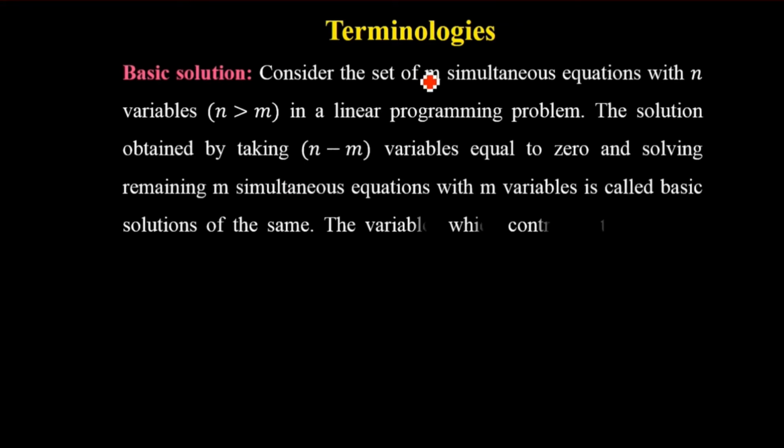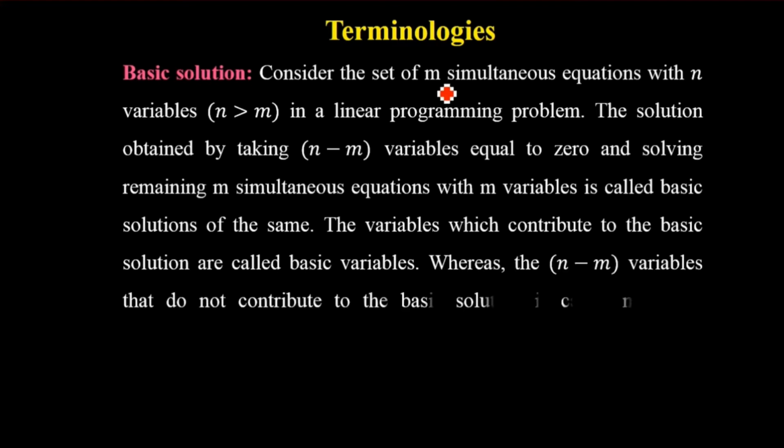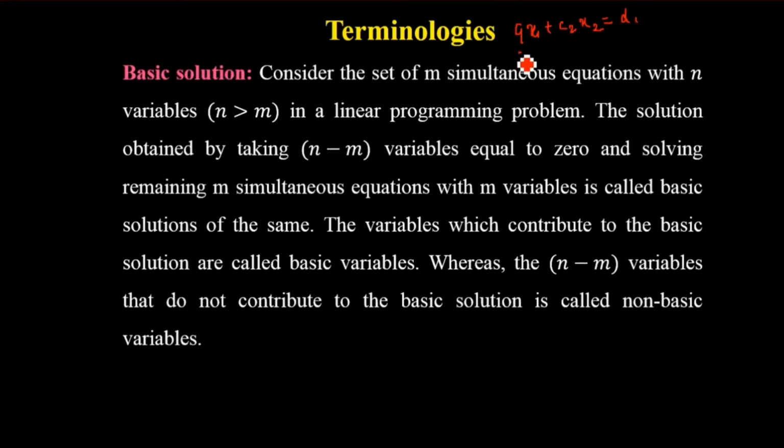You can see that in some problems we have m number of equations and n number of variables. For example, here I can write the constraints such as c1 x1 plus c2 x2 equal to t1, then c3 x3 plus c4 x4 equal to t2.